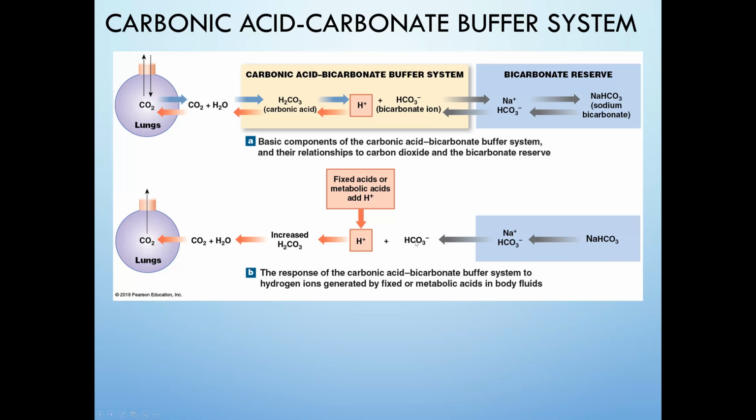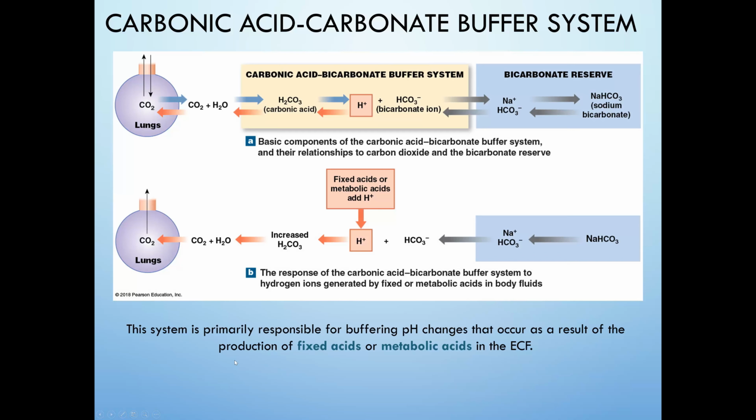You can use those bicarbonate ions to connect them with the hydrogen ions to make an increase in carbonic acid, which you can then convert to carbon dioxide and exhale through the lungs. So that is a way that the body can get rid of acid or hydrogen ions. So this system is primarily responsible for buffering pH changes that occur as a result of the production of fixed acids or metabolic acids. And again, the carbonic acid carbonate buffer system helps to buffer changes in the extracellular fluid compartment.